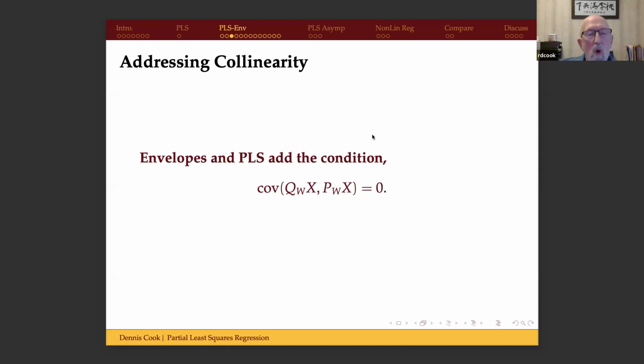So we're saying we want linear combinations of X that we can see crisply. We don't want them to get confused with other linear combinations because of collinearity in the data.